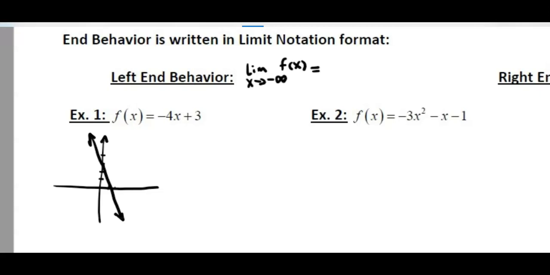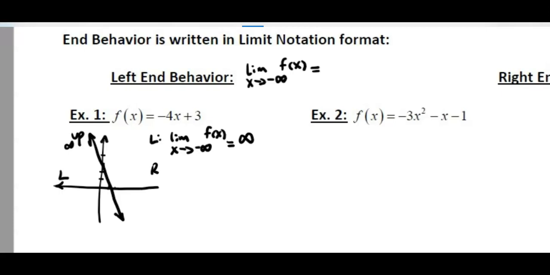And so as we go to the left, because this is going up, we would say that's positive infinity. So we would write for the left limit here, the limit as x approaches negative infinity of f of x of this function is positive infinity because it's going up.